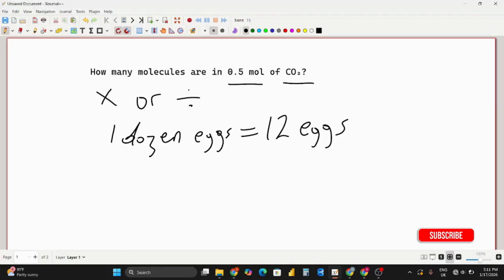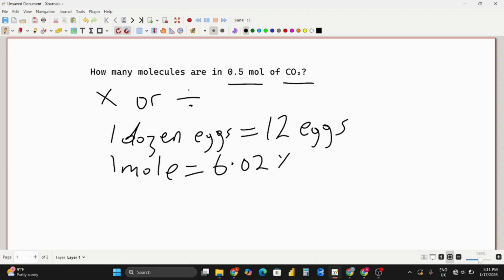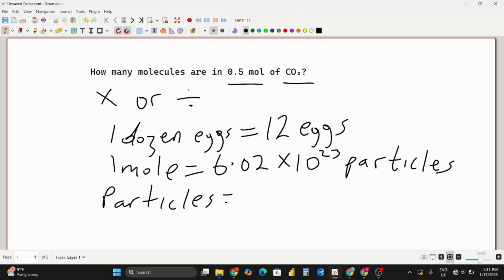So we can compare this analogy to what 1 mole represents. 1 mole is equal to 6.02 times 10 raised to the power 23 particles, where particles can either be atoms if you are dealing with an element, molecules if you are dealing with compounds, or ions.